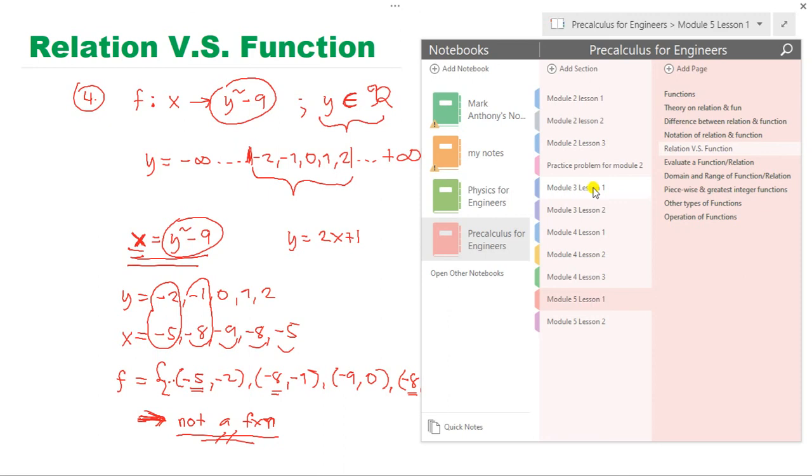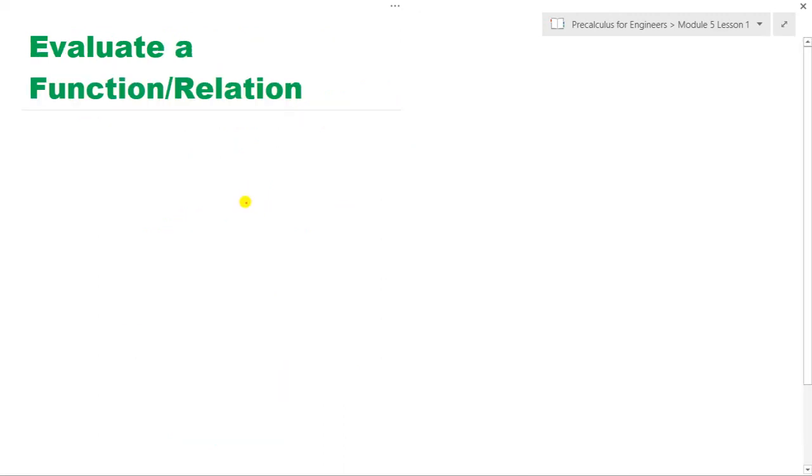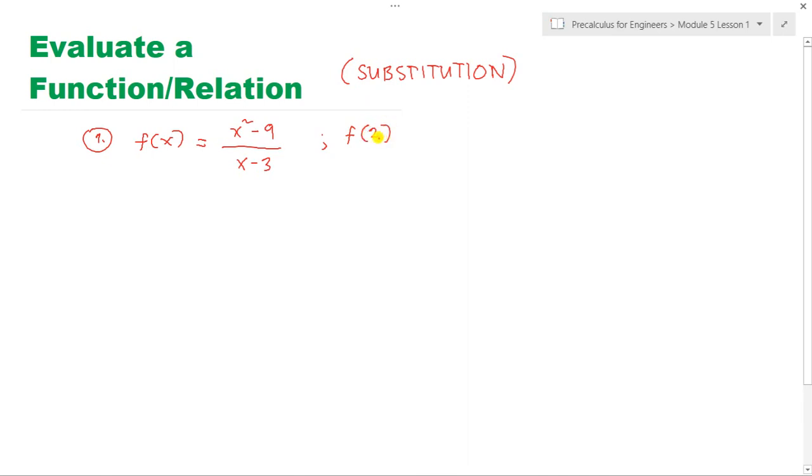So the next one is, we are going to evaluate a function or a relation. In evaluating a function and a relation, class, maragid ni inyo tigaman, substitution. Okay, so let's say you're given a rational function, f of x is equal to x squared minus 9 all over x minus 3, such that our f of 2 satisfies our function.